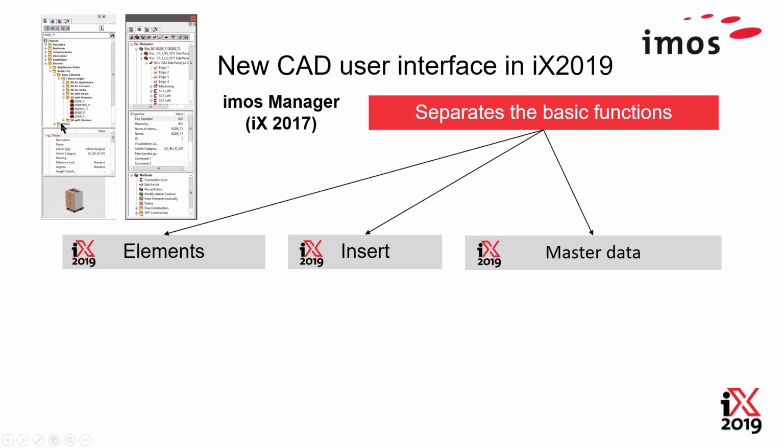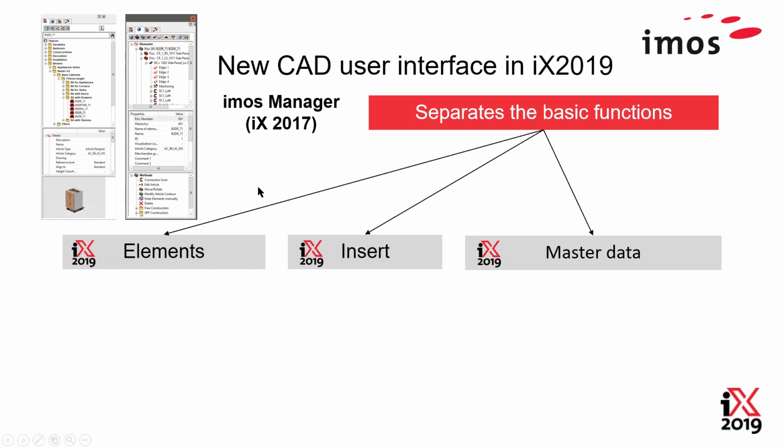Here on the left, you see the imos manager, and in this imos manager, you could switch to Article Center, you could switch to the elements also. You had these three windows, and in these three windows, you can have methods, the properties of the selected elements, and so on. All these basic functions were merged together, and in iX 2019 we separated these basic functions.